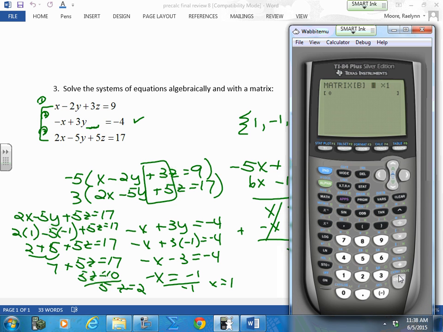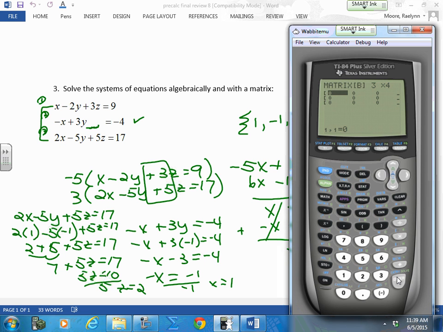Rows, columns. Okay, let's try 4 by 3. Oh, I got 4 rows, 3 columns. So we just go right back up there, and we say, okay, 3 by 4. But you really can't miss. And that looks more like it.